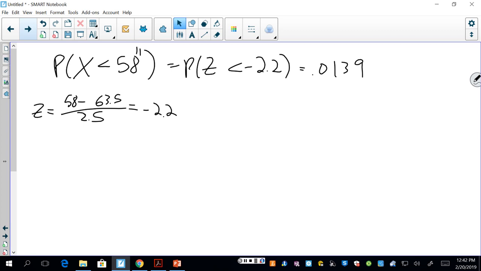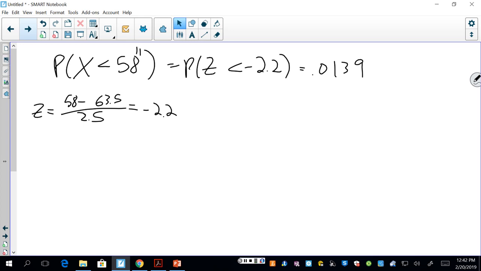That's that area. Now, if you happen to get another number, like if this had been a little bit bigger, it would have been negative 2.2 and a little bit more.